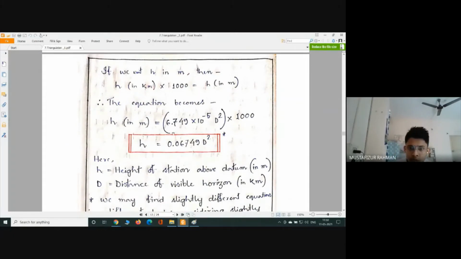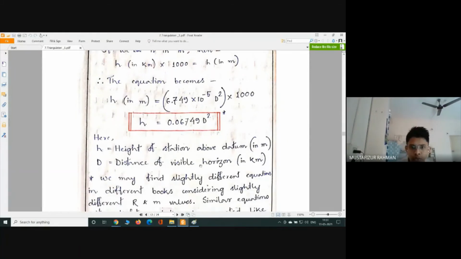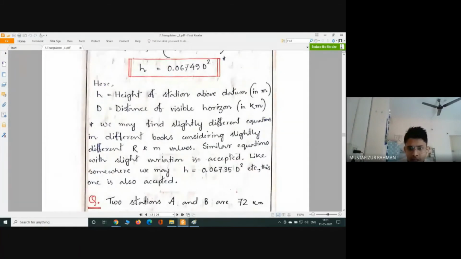This formula is a little different in different books by different researchers, but almost the same. We will use either this value or that, 0.6749, 0.6735, around 0.6734. Both of these values are correct; different books have given slightly different values.